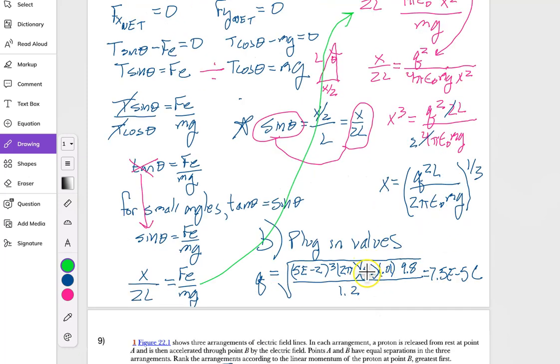So you'll have to find that value, and then 0.01 times 9.8. So we've got everything in there that we need. We need to divide now by 1.2, and we should get a charge of 7.5 times 10 to the negative 5th coulombs.